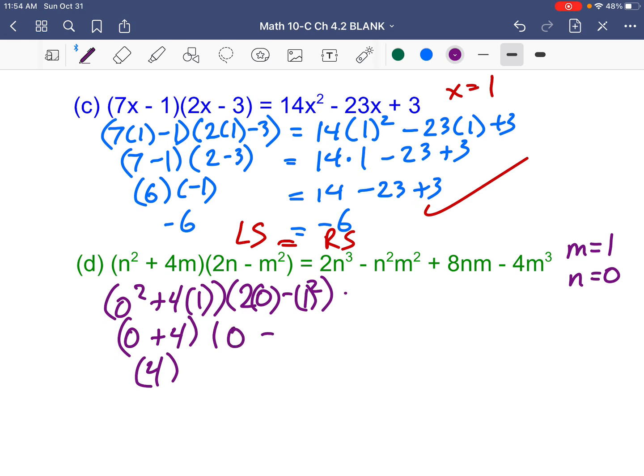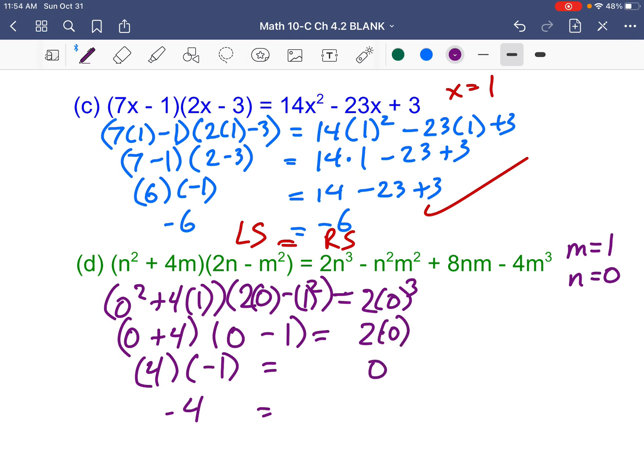2 times 0 is 0. Minus 1 squared is 1. This is minus 1 or minus 4. So the right side, 2 times 0 cubed is 2 times 0, which is 0.